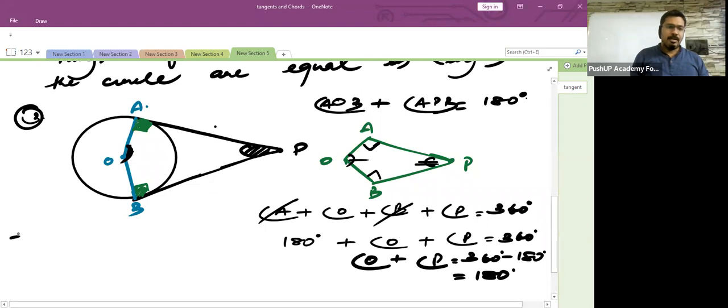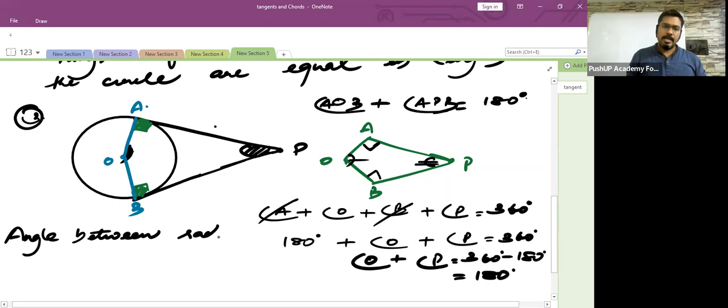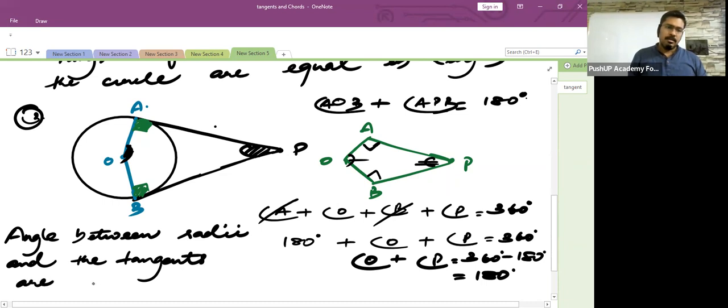Children, angle between the radii and the tangents are supplementary.